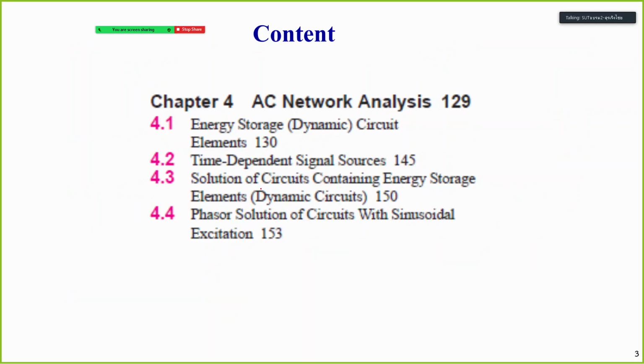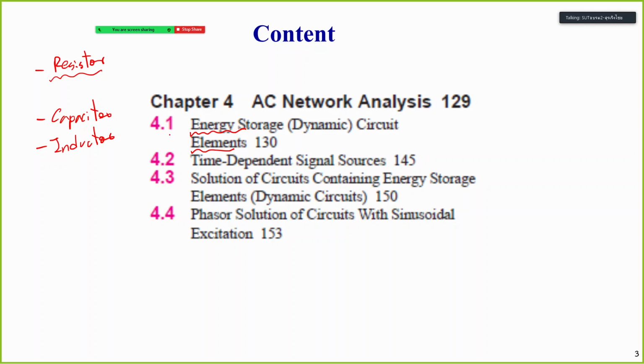So here the content in chapter 4 is AC network analysis. First, to solve AC network analysis, we need to understand the energy storage elements. Energy storage elements means capacitor and inductor. Instead of a resistor, which is a passive element that dissipates power, a capacitor and inductor are storage elements. They only charge and discharge energy.